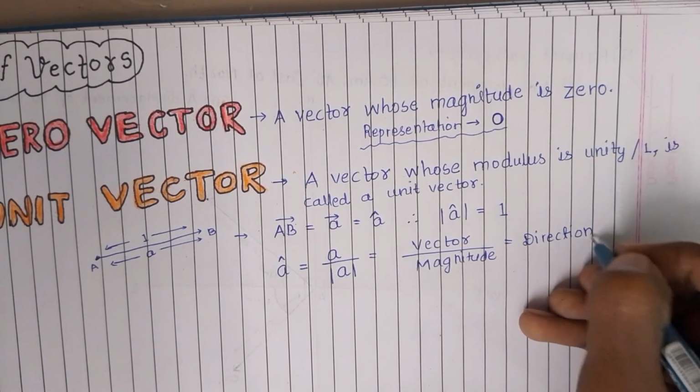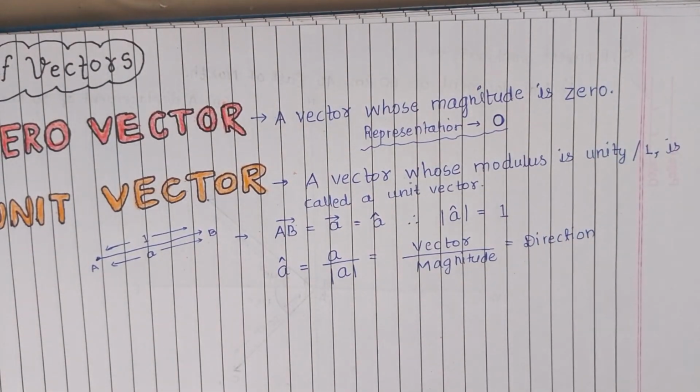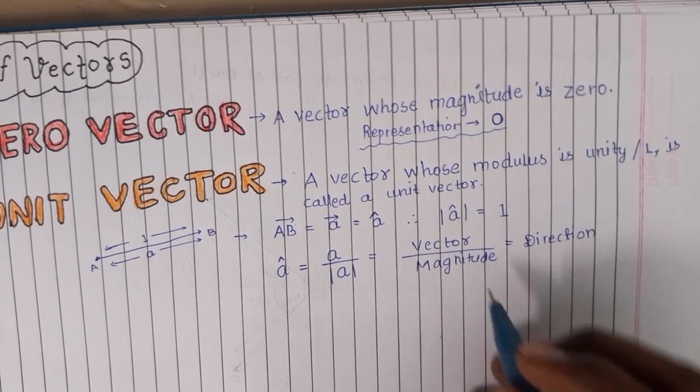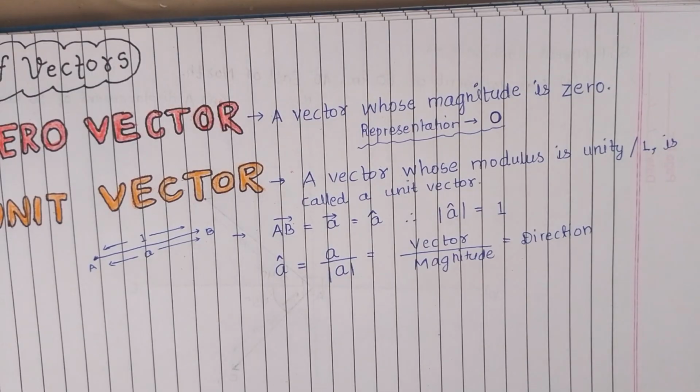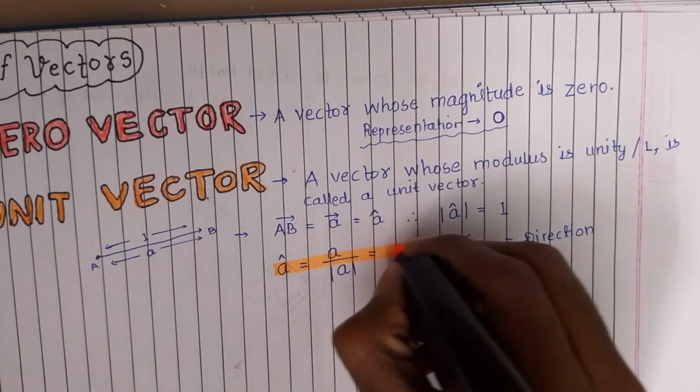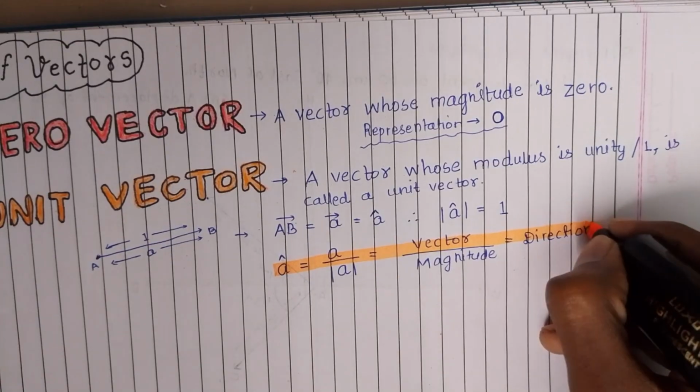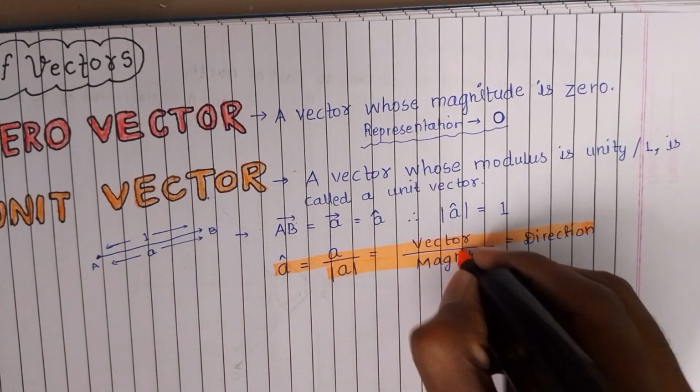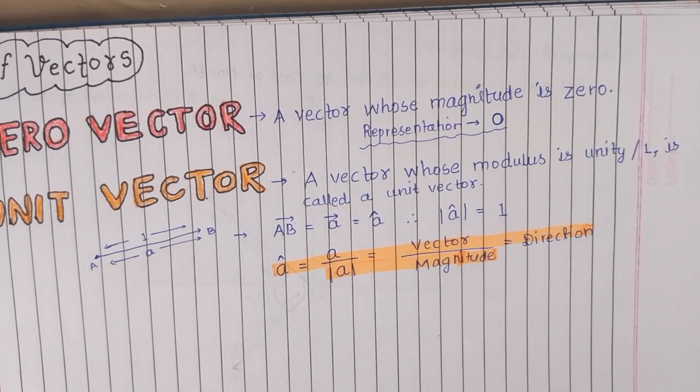A very interesting thing which I should tell you. This is a very important formula. I want to highlight this one because this is the most important part of the chapter, I would say. This is the unit vector.